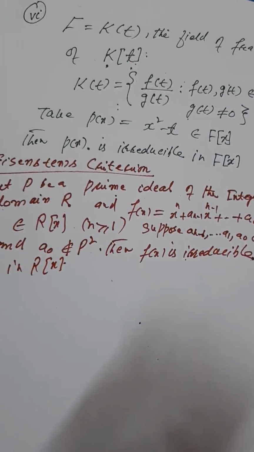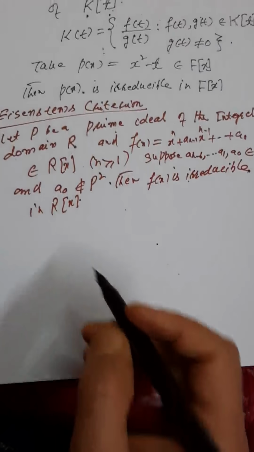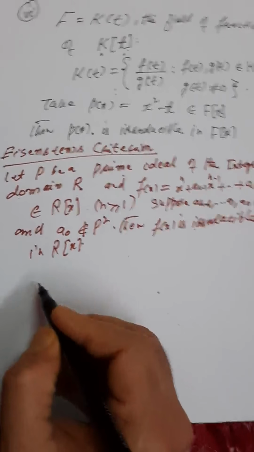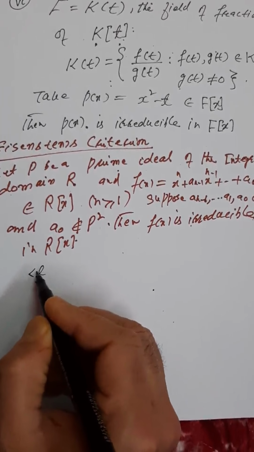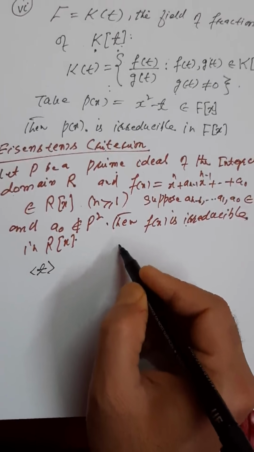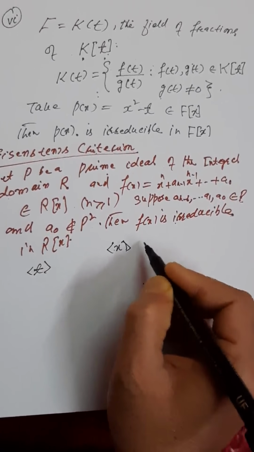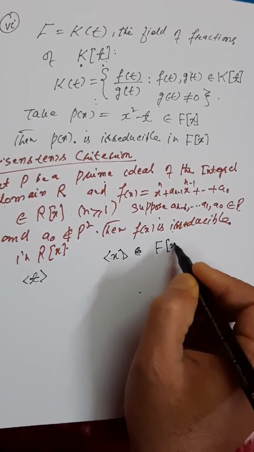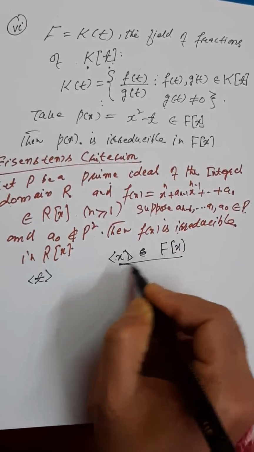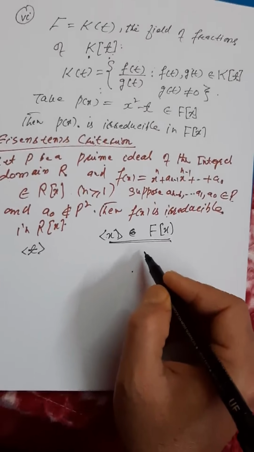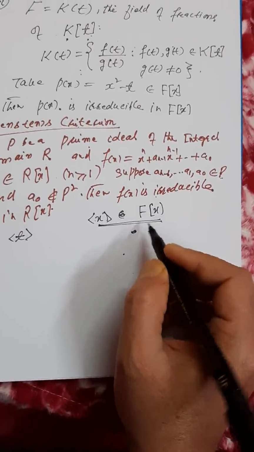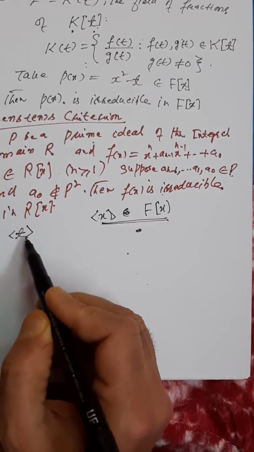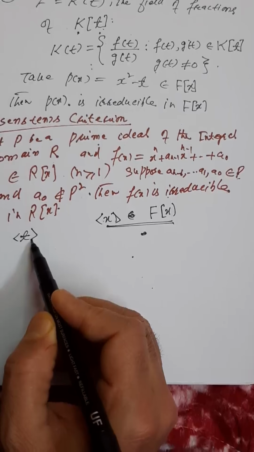Now you can take the ideal P as the ideal generated by this variable t. We know that the ideal generated by the variable x in this ring F[x] is always a prime ideal, and you can show this, so you have a proof for this. So here the ideal generated by t is a prime ideal.